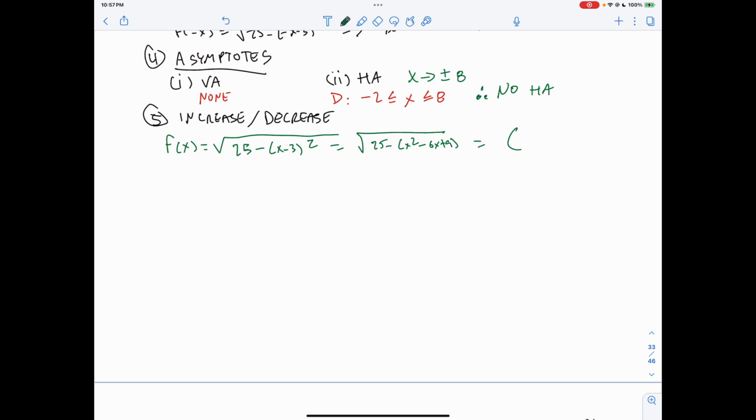And when I combine the terms and change the square root into the power of 1/2, I get (negative x squared plus 6x plus 16) to the power of 1/2.